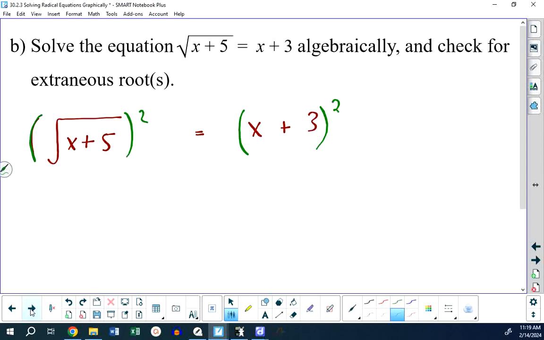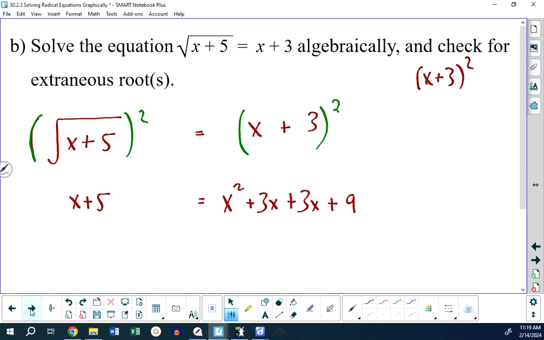When I square the left-hand side, I get x plus 5. When I square the right-hand side, I get x squared plus 3x plus 3x plus 9, because x plus 3 quantity squared is x plus 3, x plus 3.